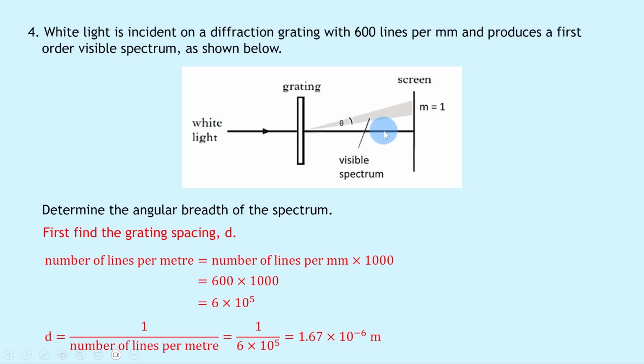And then we also want the angle theta for the red light. So remember this is red at the top of the spectrum here. So that would be the angle from the central order maximum all the way up to the top of the spectrum here instead of the bottom. And then once we know what that angle is for the red light, we can take the angle for the red light and subtract the angle from here to here for the violet light. And that will give us this little bit of angle left over, which is the angle theta that we want to find.